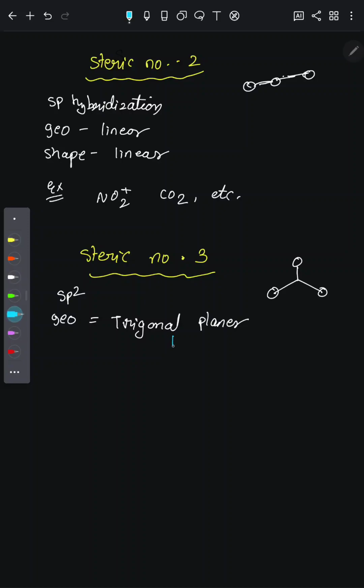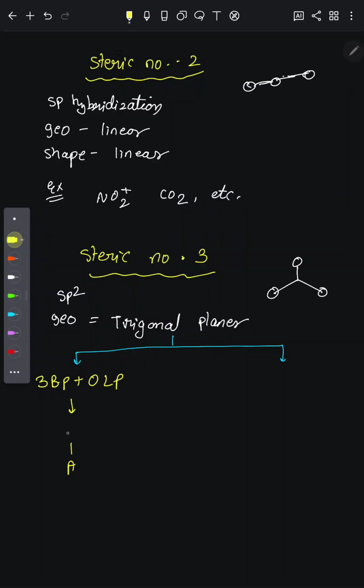But we also know that trigonal planar has two shapes. One will be trigonal planar and another shape will be bent. Now let's take an example: 3 bond pairs plus 0 lone pairs.